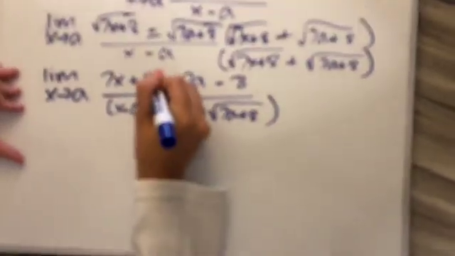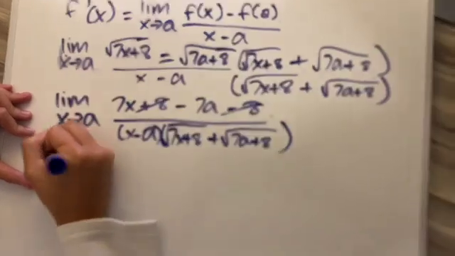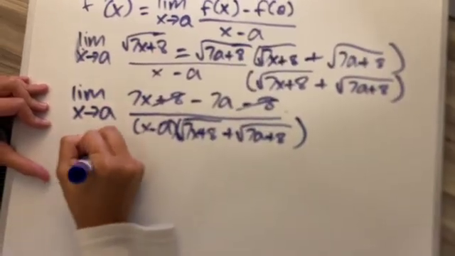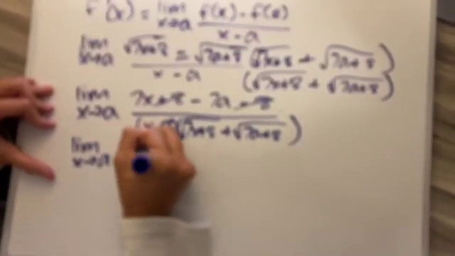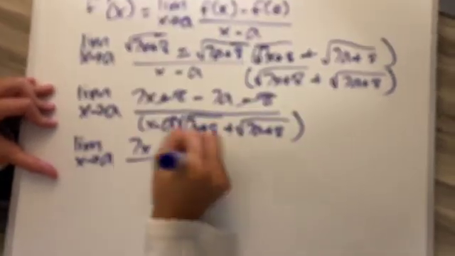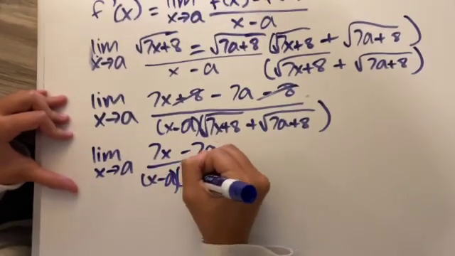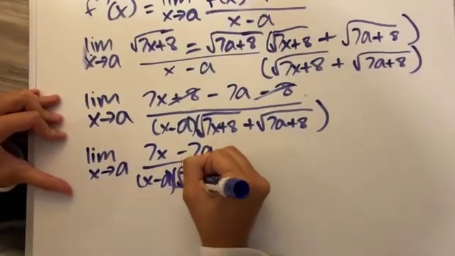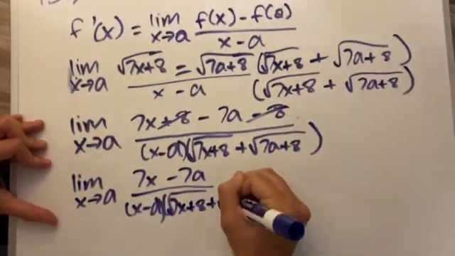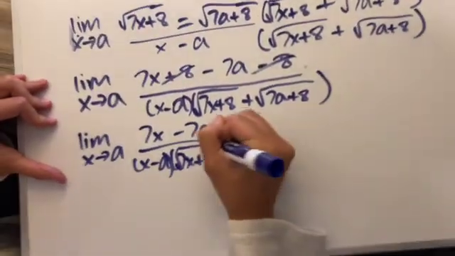So then these two values cancel, and then we get the limit as x approaches a of 7x minus 7a over x minus a times the square root of 7x plus 8 plus the square root of 7a plus 8.